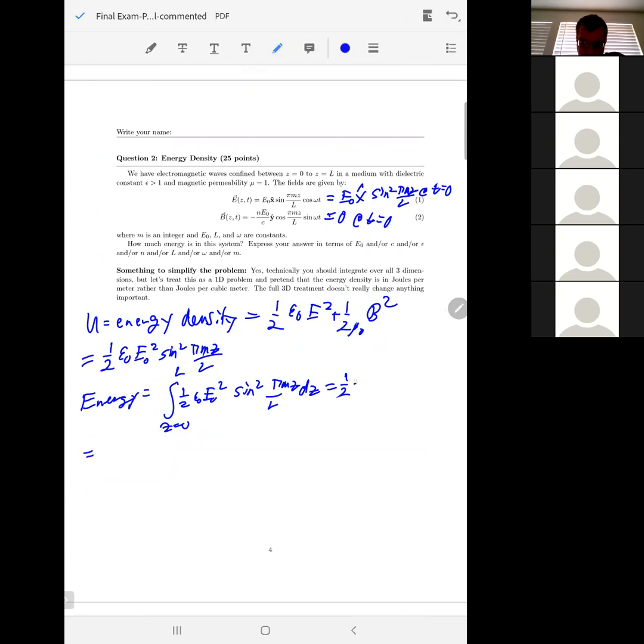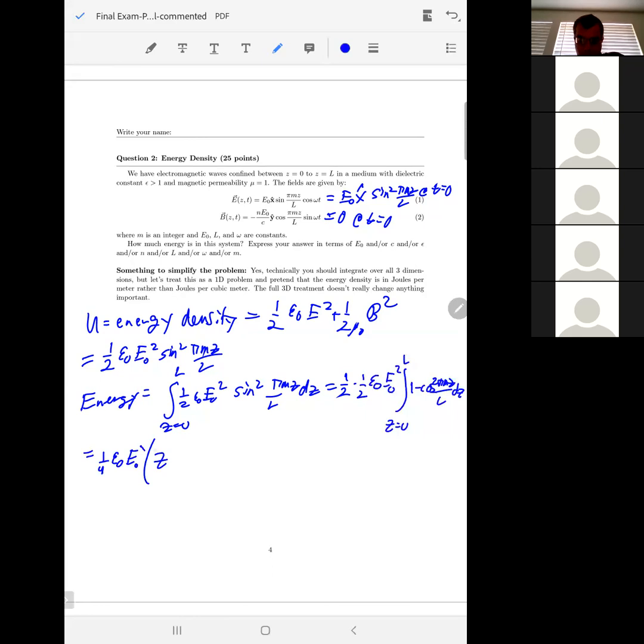So that will be a 1/2 times another 1/2 times epsilon naught E naught squared, integral z equals 0 to L of 1 minus cosine 2 pi m z over L dz. Now, the integral of dz is just z. So we're going to get a 1/4 epsilon naught E naught squared z. That's the integral of the first term. The integral of the second term, well, let's see here.